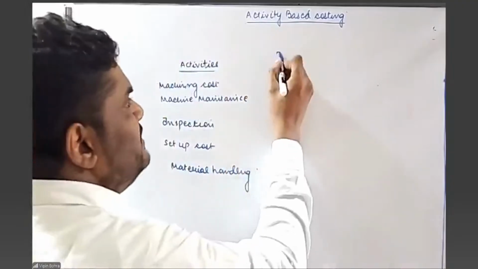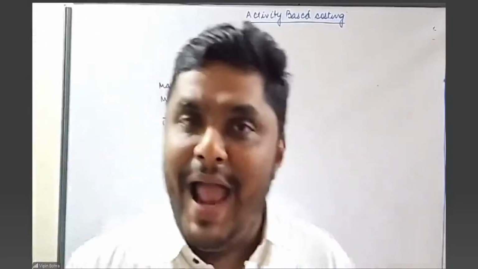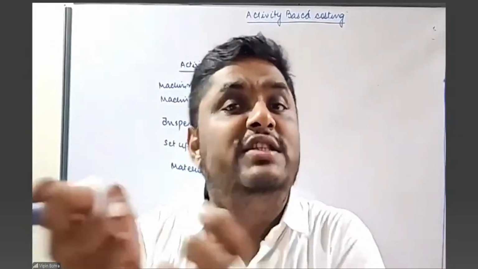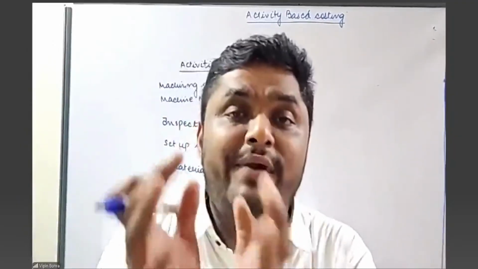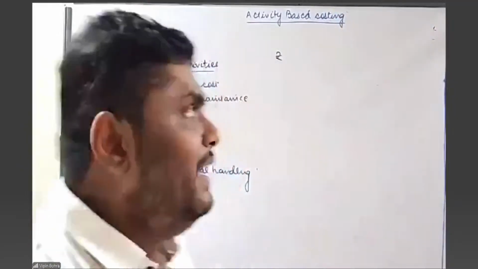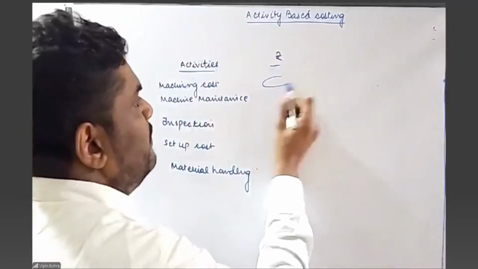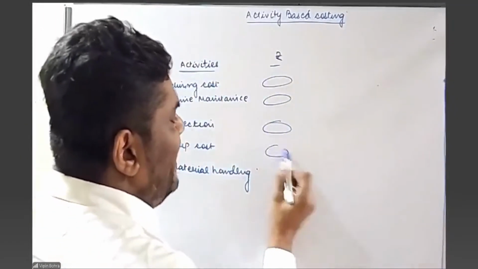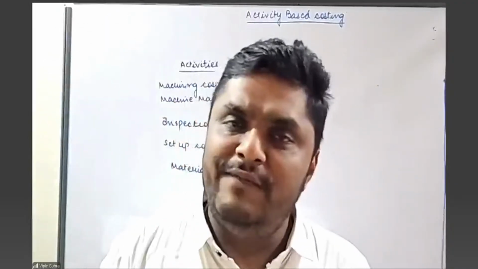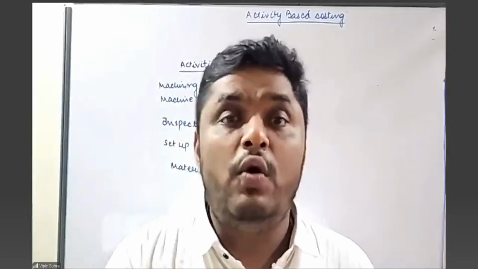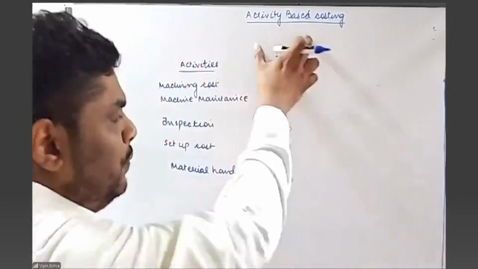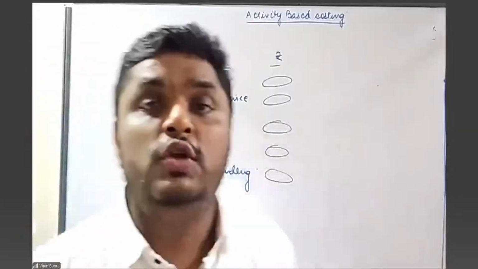So first identify the activities of the organization, and whatever costs are incurred relating to that activity, we calculate the total, and we call it a cost pool. So we will calculate the total overheads of that activity.